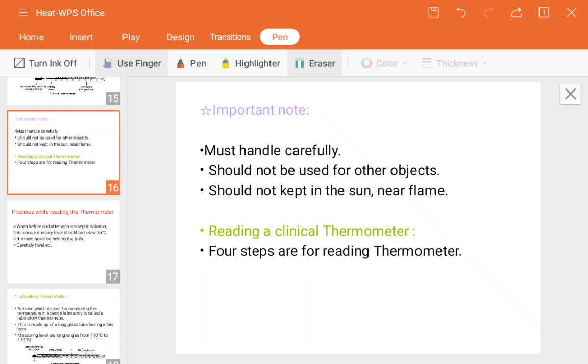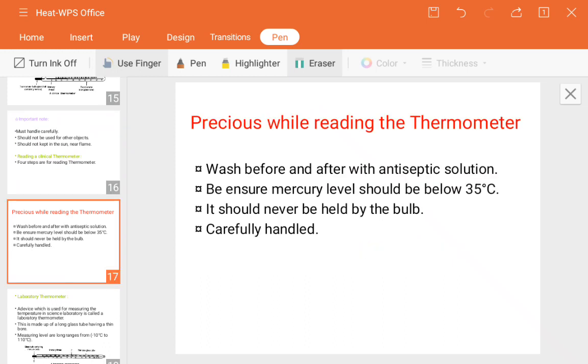Next, what are the precautions while reading the thermometer? What type of precautions should we take? We have to wash before and after, as I have told you, with antiseptic solution. If we don't have antiseptic solution, we can wash it the normal way.